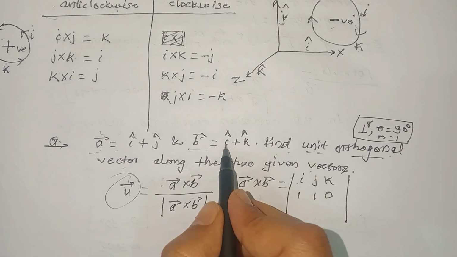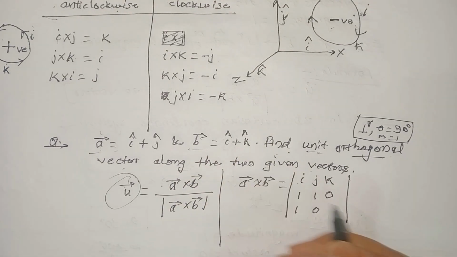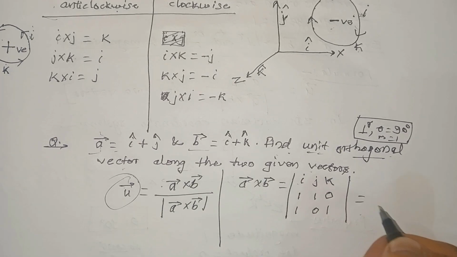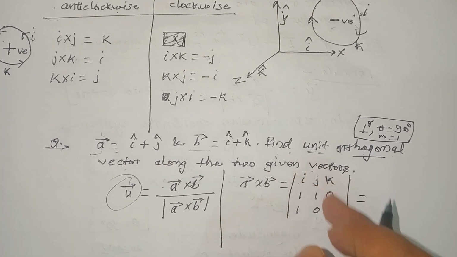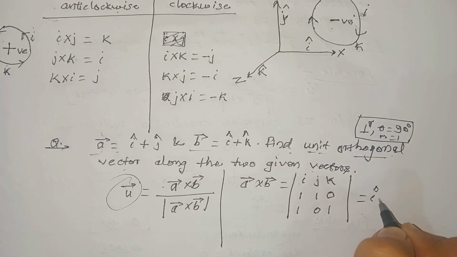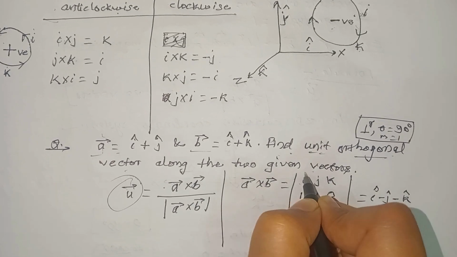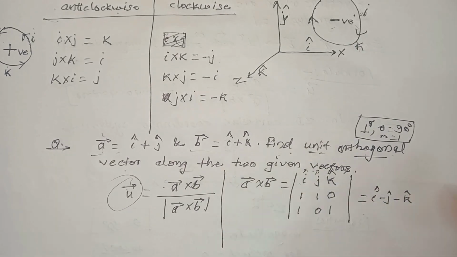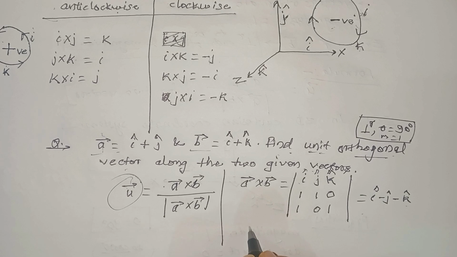Looking at b, i is 1, j is not here so it is 0, and k is 1. Solving this, we get i cap minus j cap minus k cap.